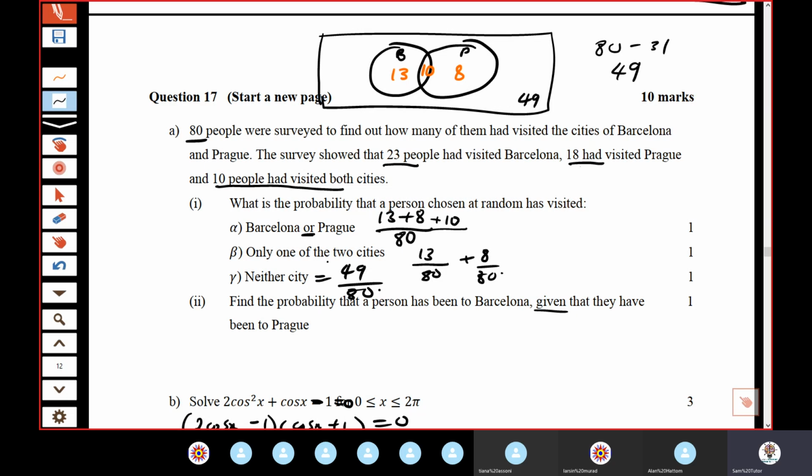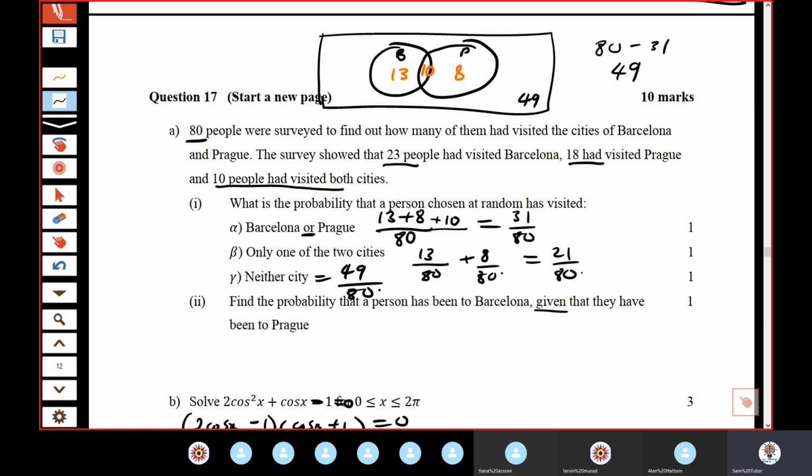Because only one of the two cities, only one, will be 13 or 8. And that doesn't include the or here. All right, this answer has to be 13 plus 8 plus 10. That's my final answer. Whatever that gives you: 31 out of 80. This one's going to give you 21 out of 80. I'm going to stick to that, and we'll check it out in a second.